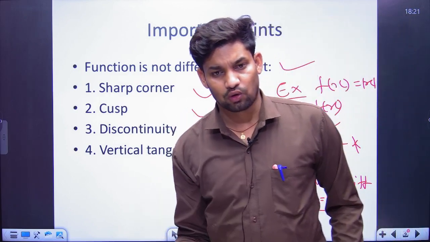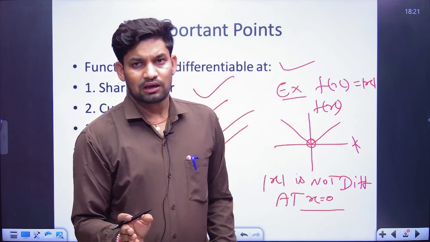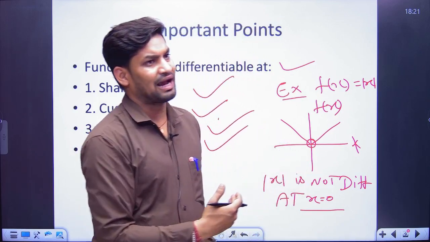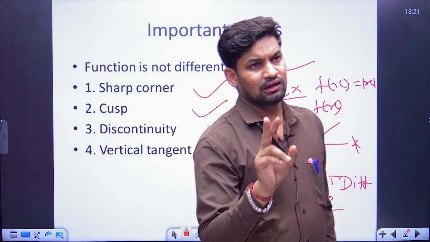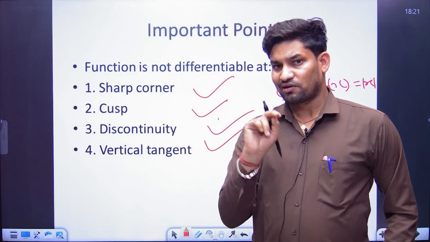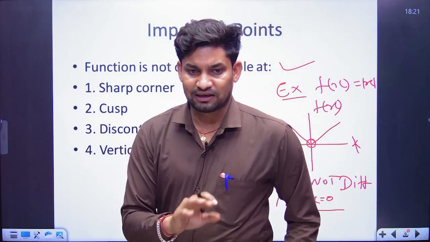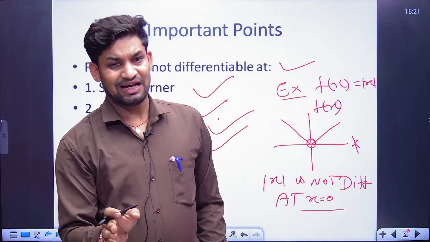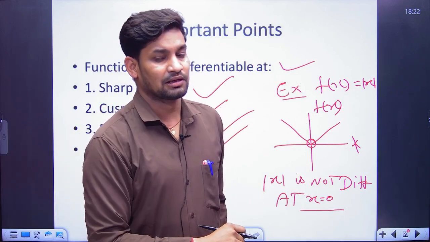So in this lecture, we conclude that differentiability is checked in two ways. First, mathematically: right hand derivative equal to left hand derivative, otherwise the derivative does not exist.